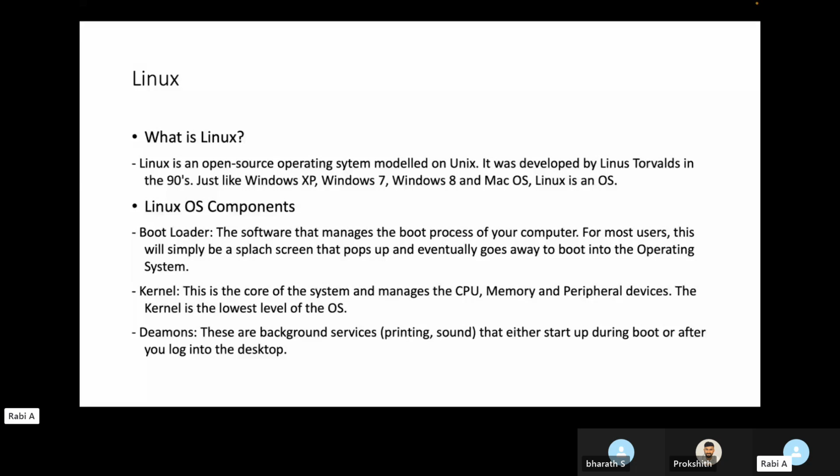Why was this developed? Simply because when he was trying to use Unix, it was very costly, it was very heavy, and he was not happy with it. So he started developing his own operating system, and that is where the Linux operating system was introduced.